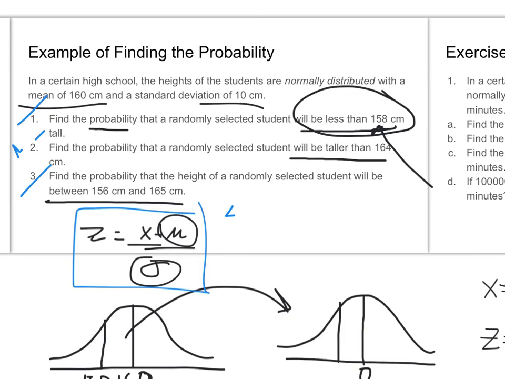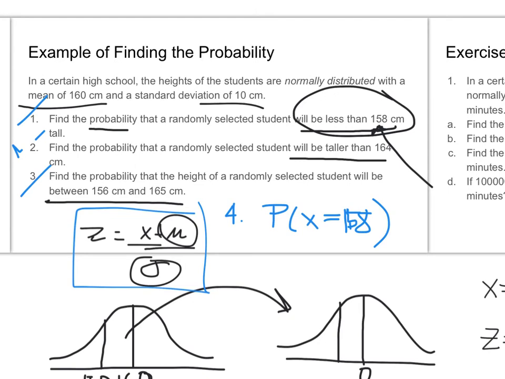Okay, one possible question that could be unusual is finding the probability that a randomly selected student will have a height equal to a specific number. I need you to take note of this. If you are given a continuous probability distribution and they ask you for a probability equal to a specific number, for example 158, in the continuous probability distribution, it is highly dependent on an area.